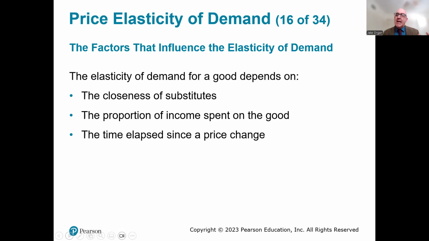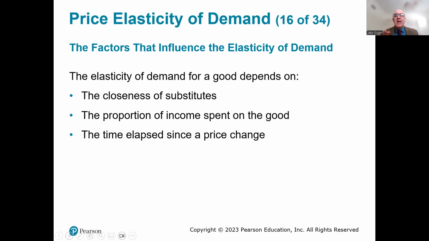And obviously that leads to the big question: what actually influences the elasticity of demand? What makes something an elastic product rather than an inelastic product? Ultimately, the closeness of substitutes is a big one. If as the price rises, you can just go to something else, that means it's going to be pretty elastic. Firms can't raise their prices because everyone will jump ship to the substitutes.